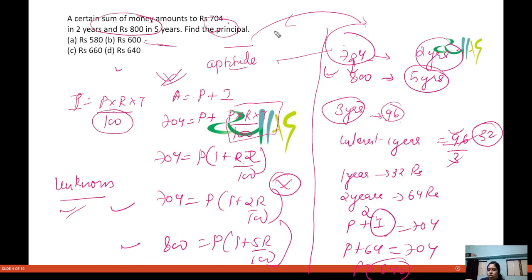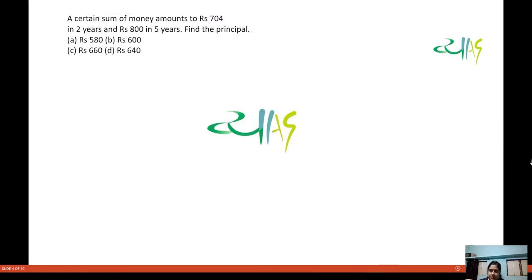Even if you don't know the concept of interest, you can do this. Just read the question very carefully and focus on it. I am sure you will find some solution. Whatever we are practicing, we want to activate our brains. That is the purpose here. Let's move on to the next question.